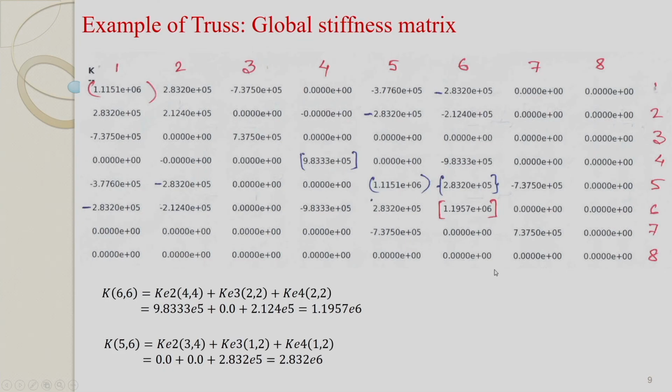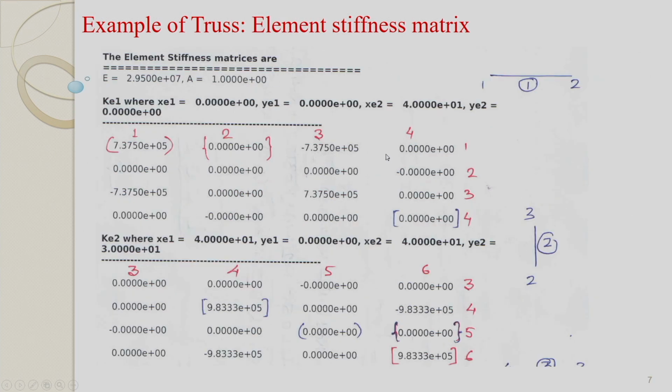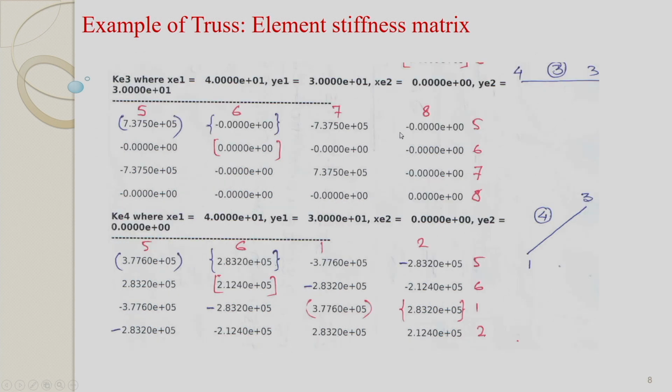So, after this assembly operation, you will get this global stiffness matrix, where, for example, suppose this 6, 6 entry, it is coming from K2, K3 6, 6 and K4.